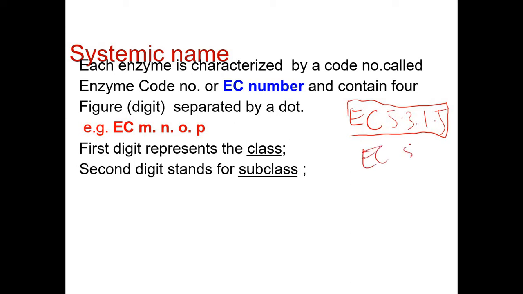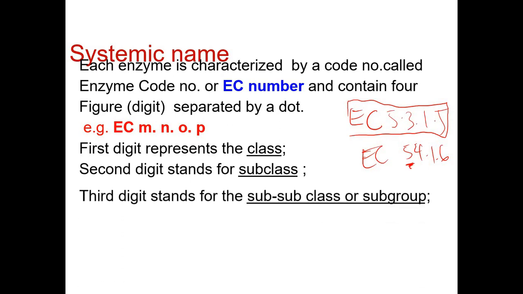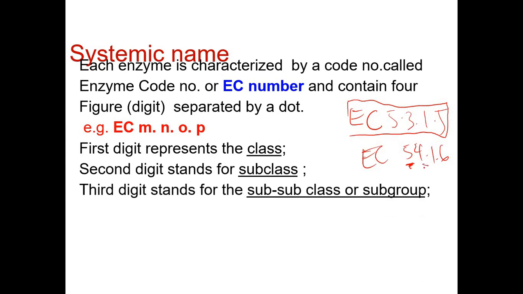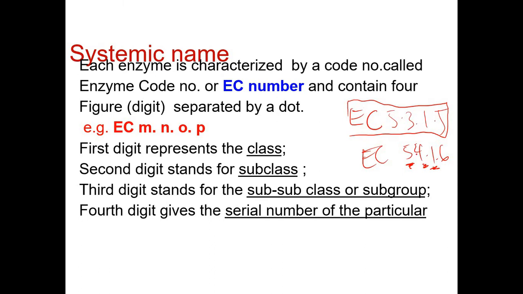We can have EC 5.4.1.6. Okay, this is another enzyme. So that's how enzymes are named. So ang first digit represents the class. The second digit represents the subclass, the third digit stands for the sub-subclass or subgroup, and then the fourth digit gives the serial number of that particular enzyme.